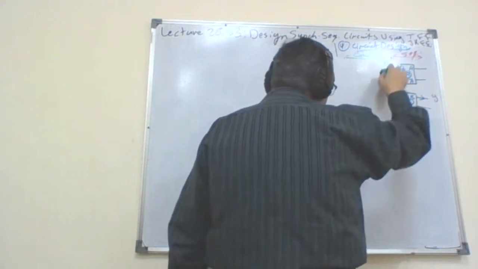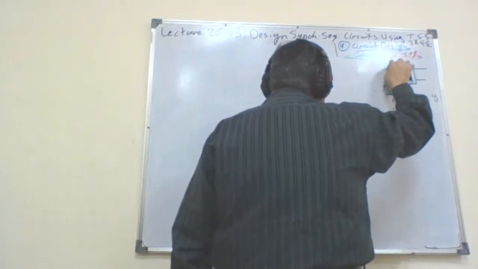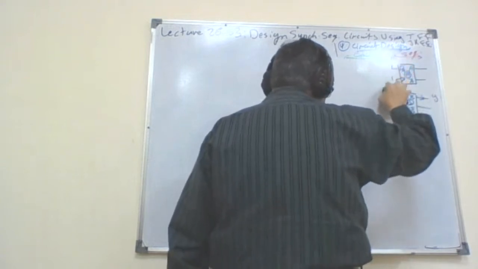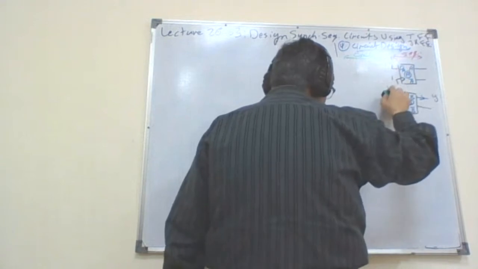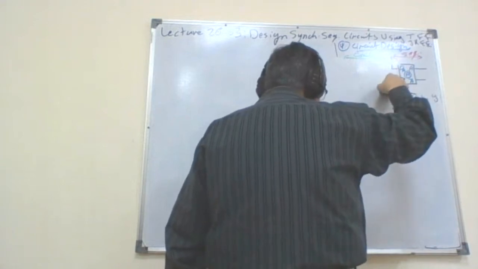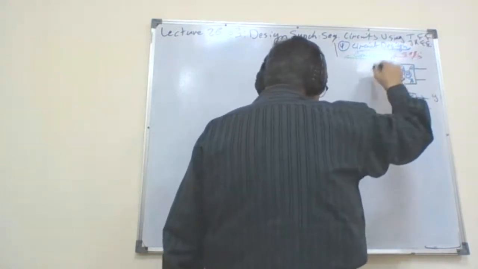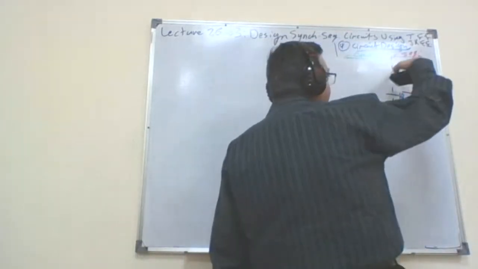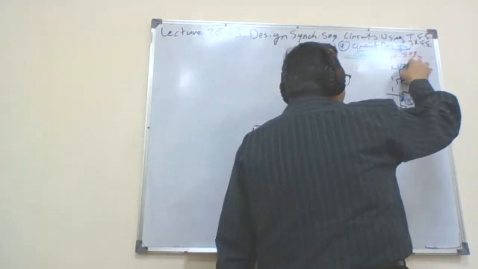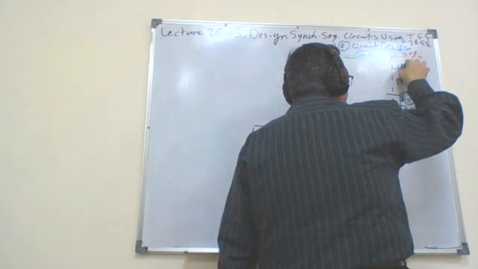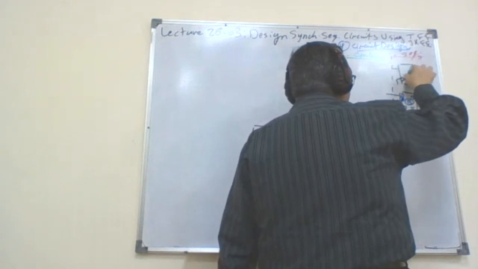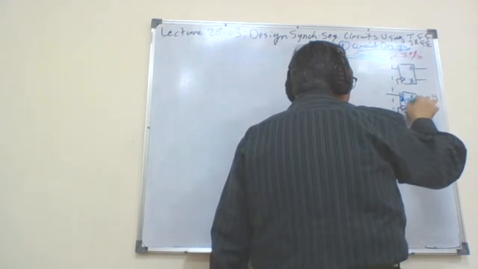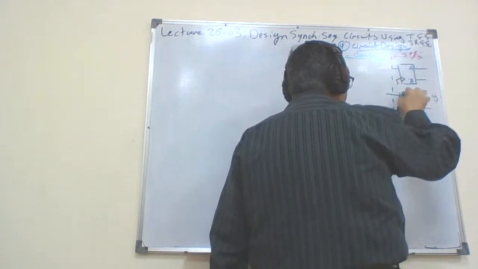Also, I don't have something called DA. I don't have something called DB. And the type of flip-flops used is different. So right now, instead of having the D flip-flops, I want to use JK flip-flops. So I will just remove the labeling here.